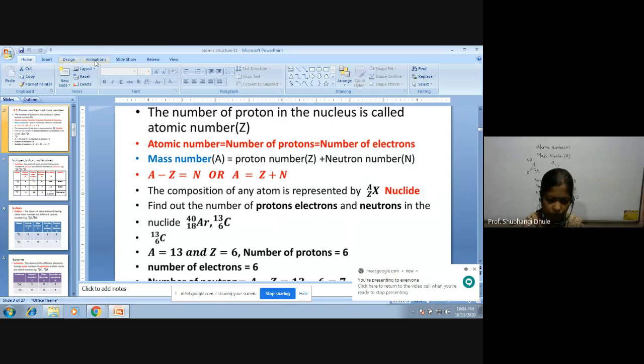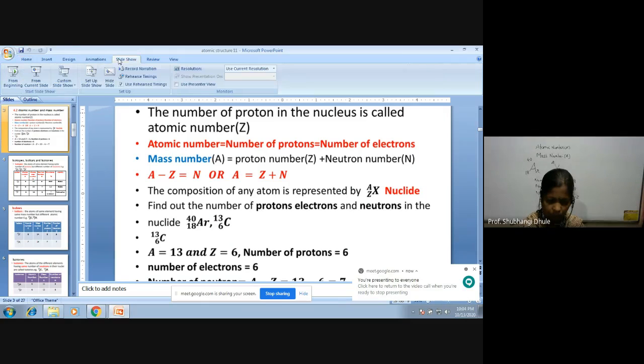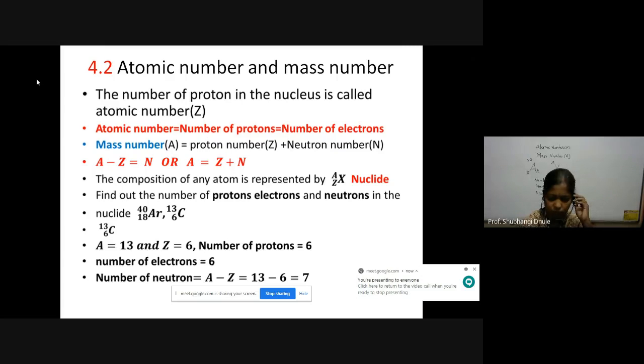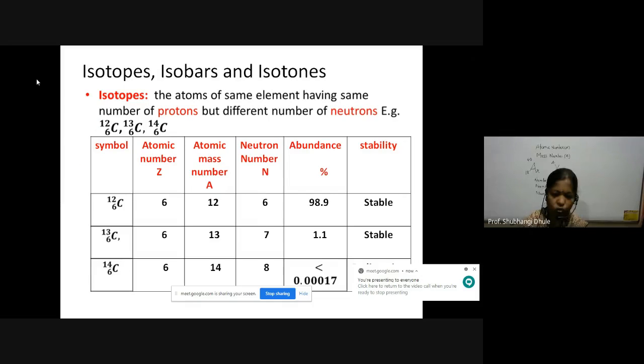I think in the last lecture we were up to these numericals of argon and carbon. Then we go to the next, isotopes, isobars, and isotones.